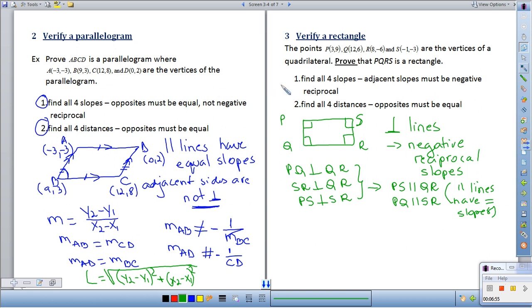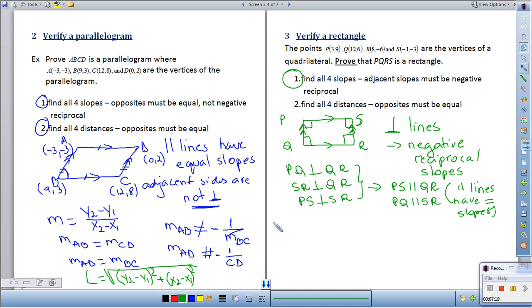So in the first step, what I want you to do is find the slopes of all the sides and show that adjacent sides have negative reciprocal slopes. And as I said, in the process of finding those values, you will also prove that opposite sides are parallel. Now, for your second verification, what separates a rectangle from a square or from a rhombus is that opposite sides have equal lengths. Not all the sides have the same length.